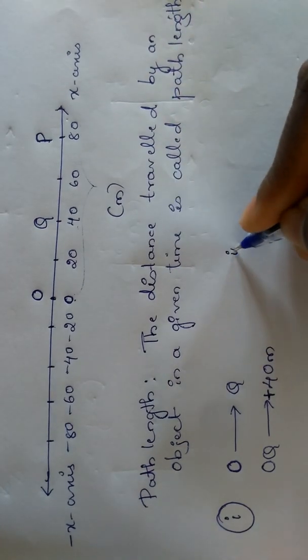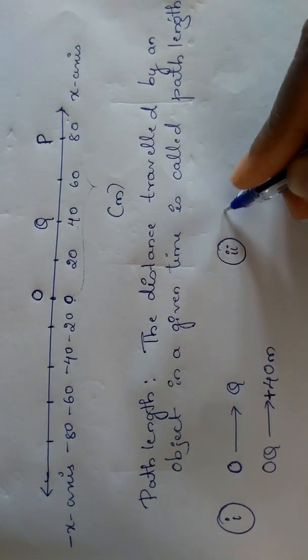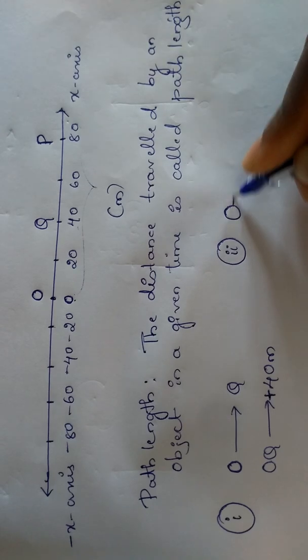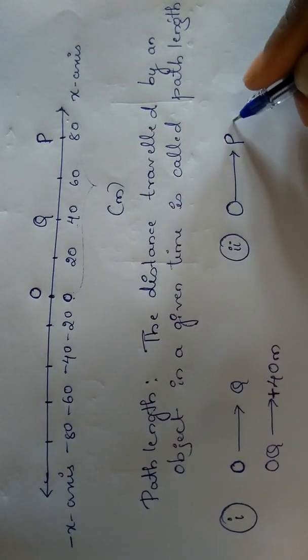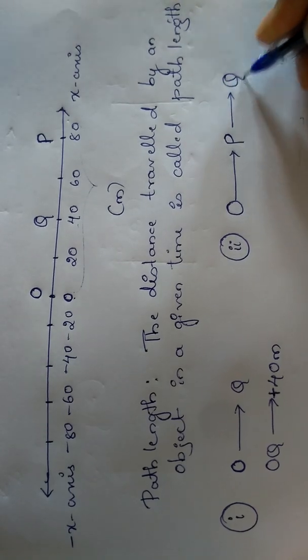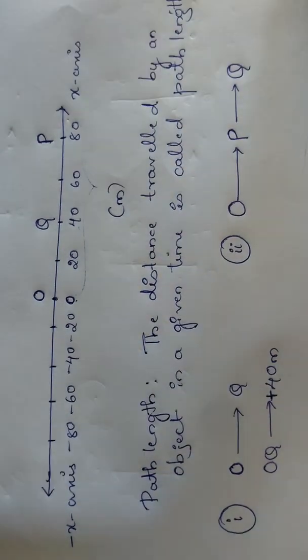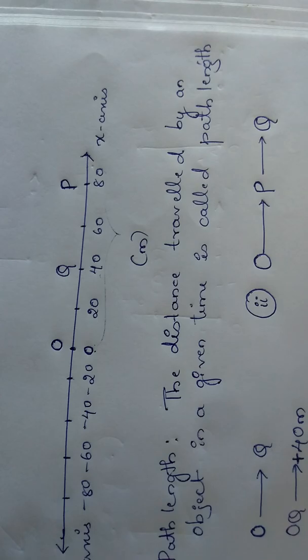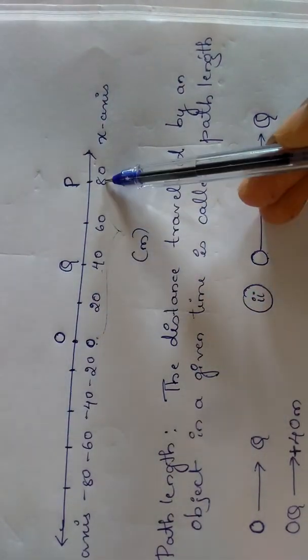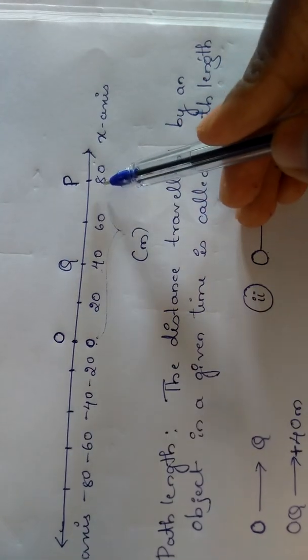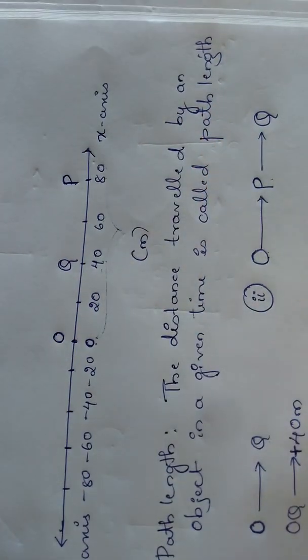In the second case, what will happen is a body goes from position O to P, then it comes back to Q. So how much distance has it traveled? If you see from this, it has gone from O to P, that is 80 meters, plus 40 meters extra.